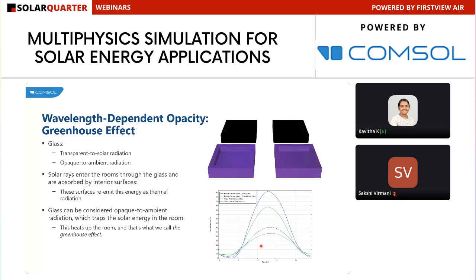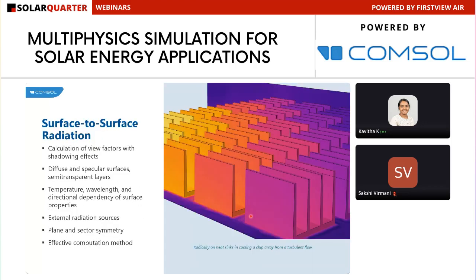The temperature variation is monitored in two cases, with a plate made of glass transparent to solar radiation and opaque to ambient radiation. Because of the greenhouse effect, there will be a rise in temperature. So these kinds of simulations are possible in COMSOL.